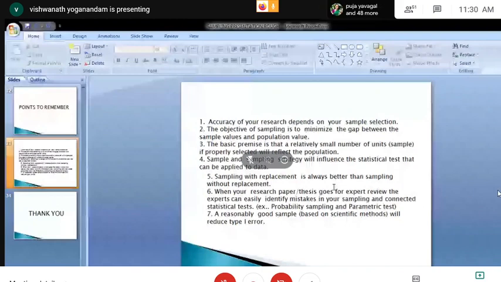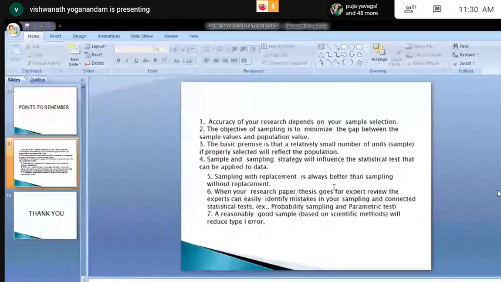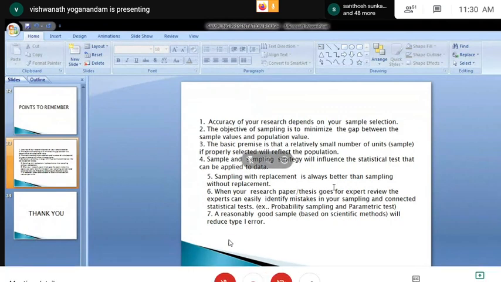And third one is the basic premise that a relatively small number of units, if properly selected, will reflect the population. So what we are trying to get is, from 5 or 10 people, we want to get the 100 people's opinion or 100 people's statistics. That is what we are trying to get.